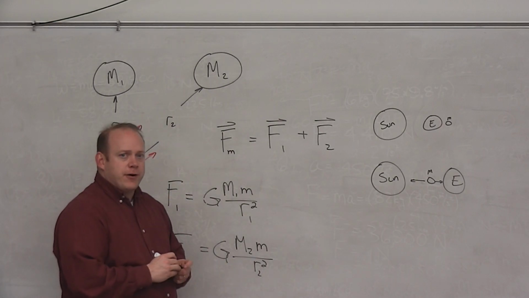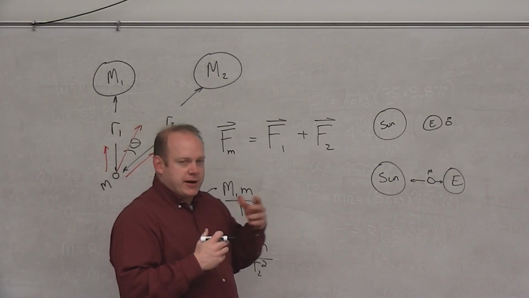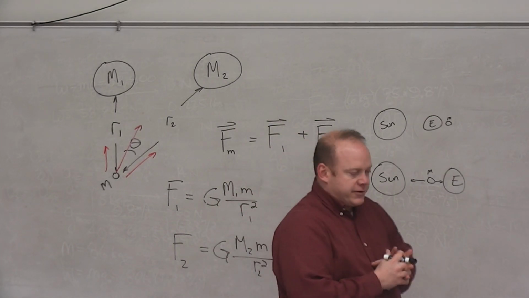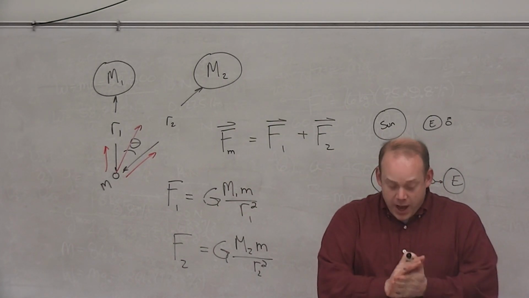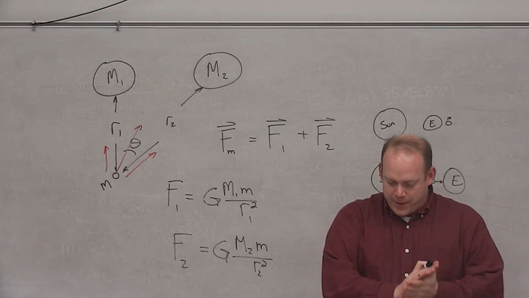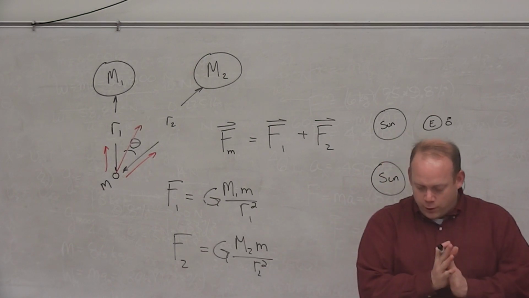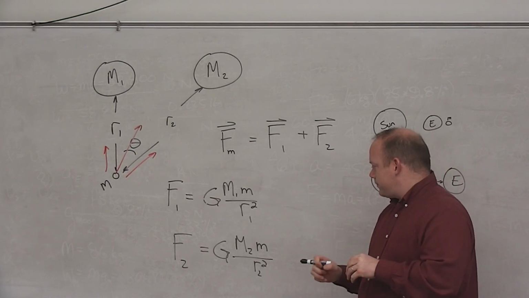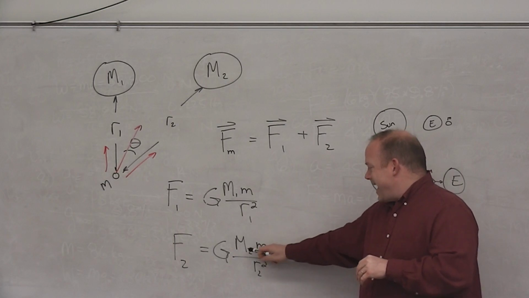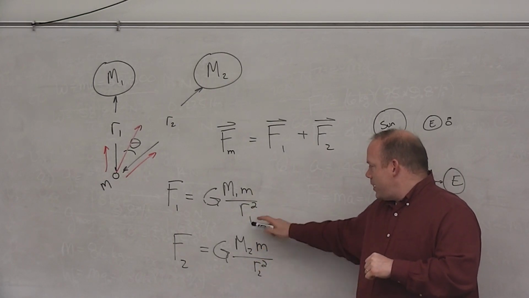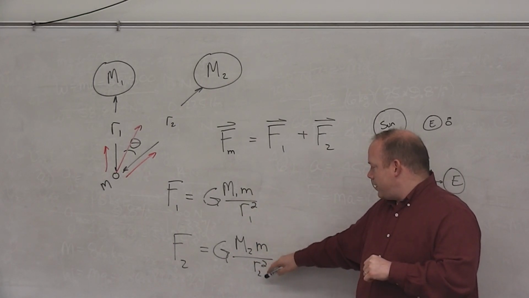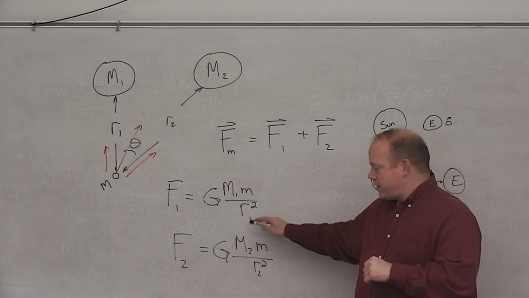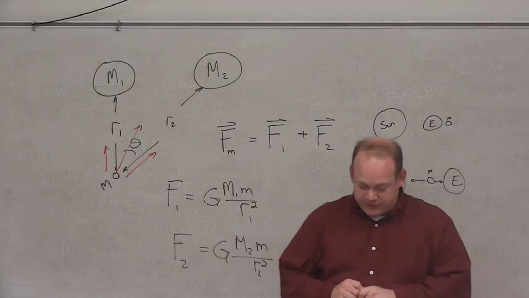Because we've got that r squared term, that distance plays a much bigger role than the difference in the mass. Obviously both mass and distance play a role, but the Earth's mass is much smaller than the sun's mass, while the Earth's distance to the moon is much smaller than the sun's distance to the moon.